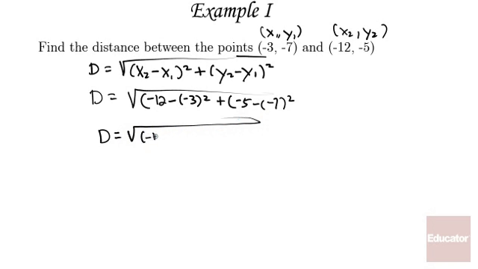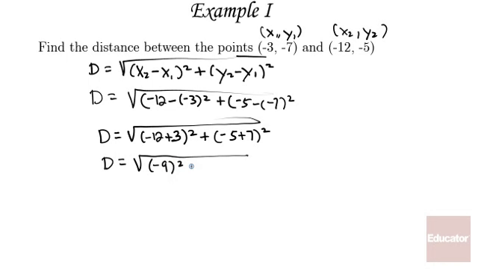That's going to give me negative 12 plus 3 squared plus negative 5 minus negative 7. So it's going to be negative 5 plus 7 squared. So D equals the square root of negative 12 plus 3, which is negative 9 squared.